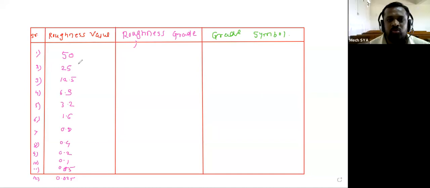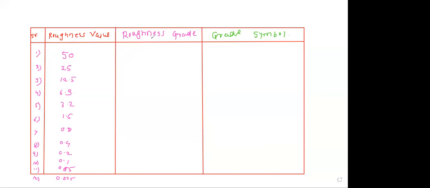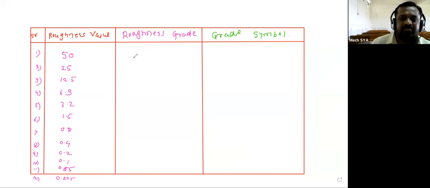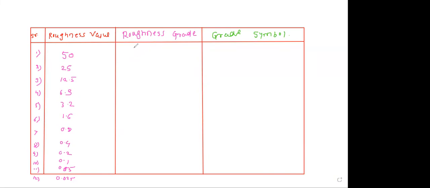Then how to write down here the roughness grade. Please tell me what is the grade for this 50 roughness value? N12.